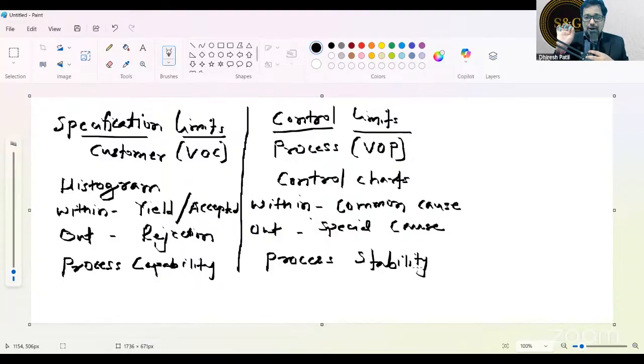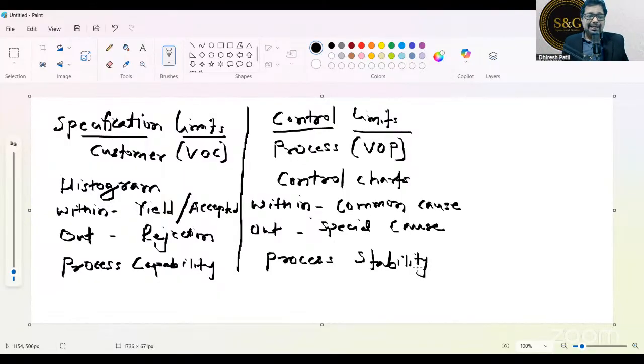Write this down. Always expect control limits within your specification limit. That is the ideal situation.